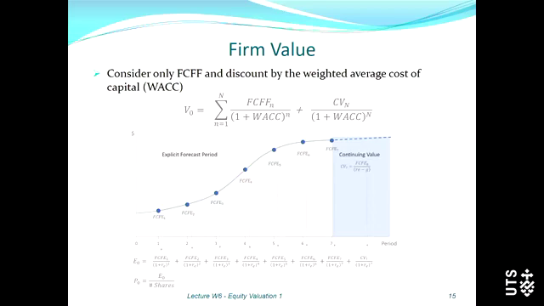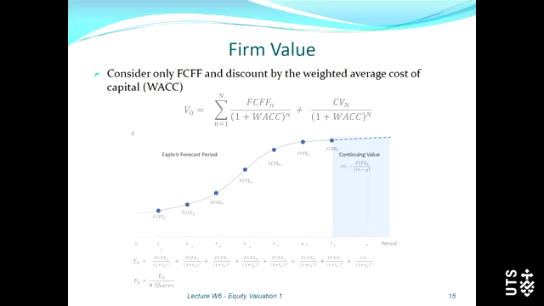Because your continuing value is the value in capital N of all cash flows from N+1 onwards. So both your last cash flow and the continuing value are based on that period there. Any questions so far?